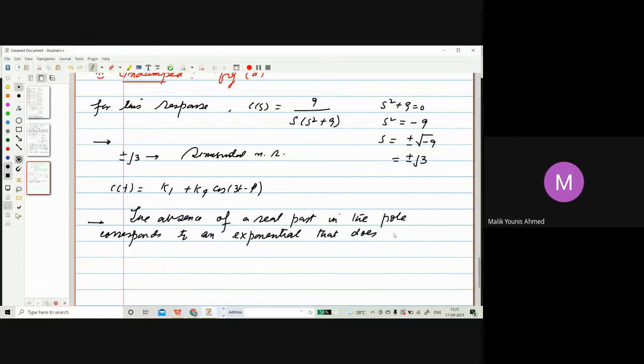So there will be no decaying exponential. Mathematically, e raised to the power minus 0t will be 1. The real part gives the exponential decay; this is 0, so it equals 1. So there will be no decaying at all. I hope this is clear.